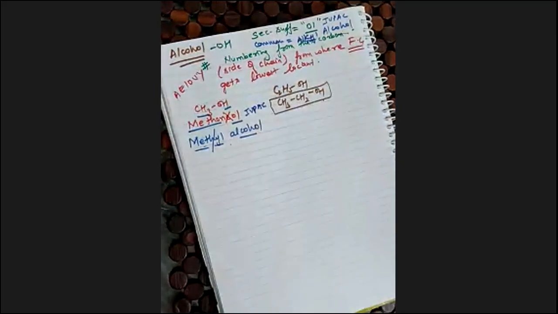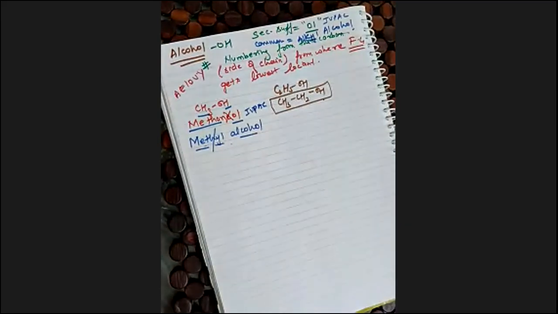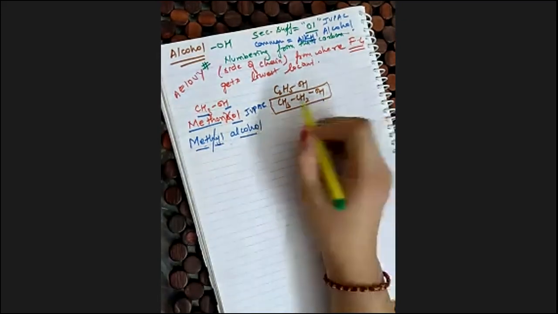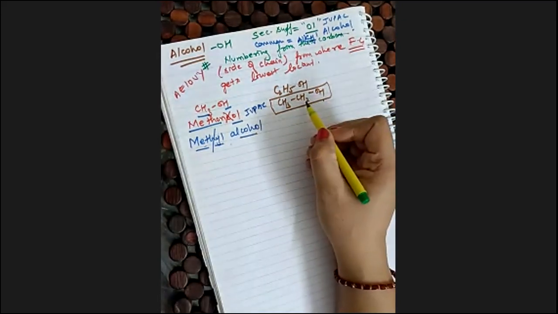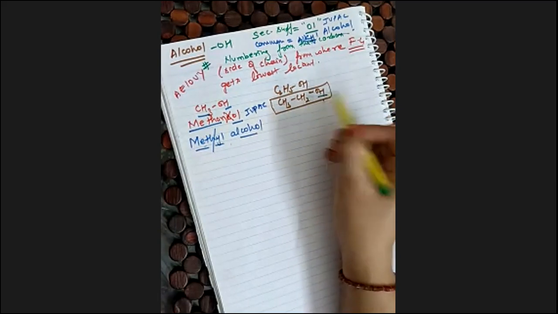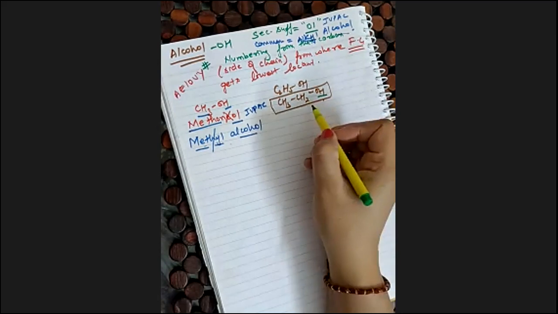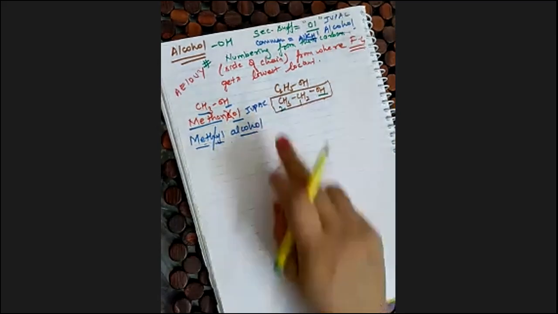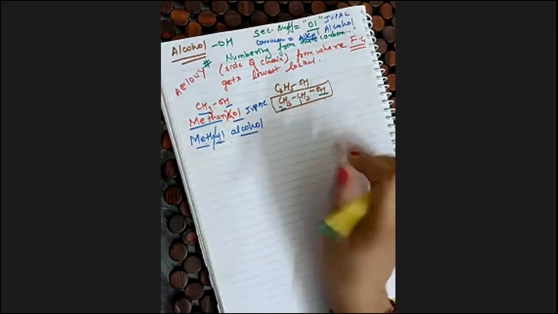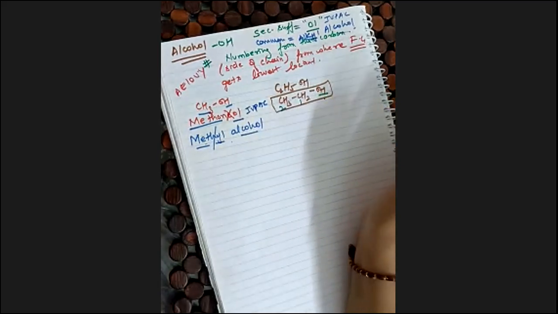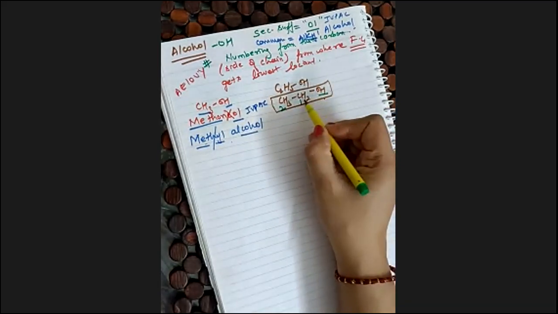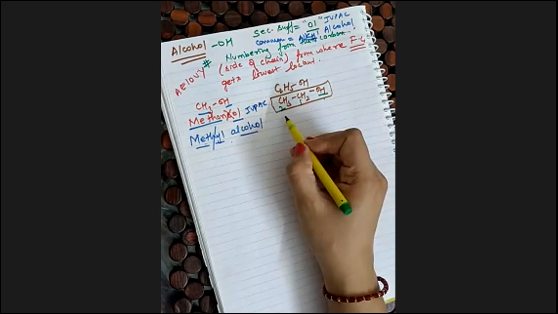If they ask you to write the name according to IUPAC or the common name, we start counting from the carbon that gives the nearest position to the locant, which is the OH. There are two carbons here and the alcohol OH group is attached here. Two carbons means ethyl, eth.